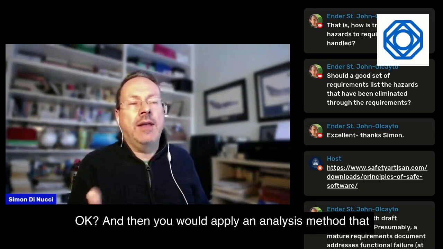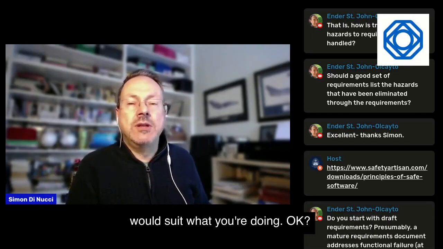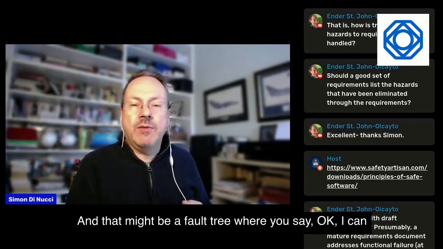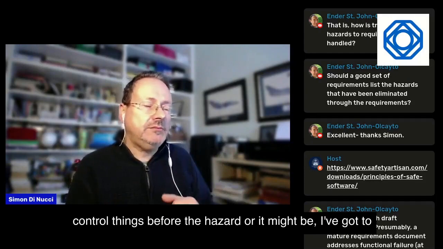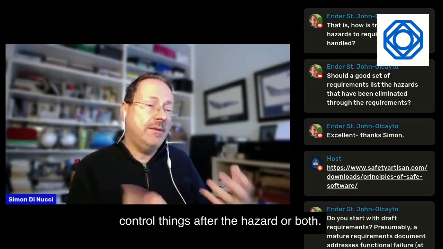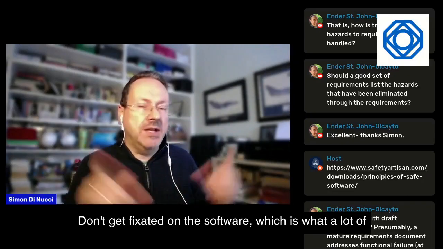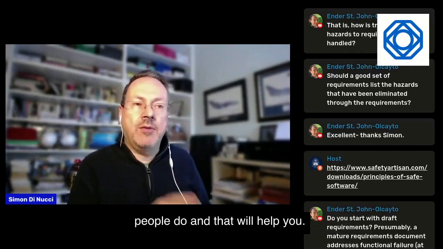Then you would apply an analysis method that would suit what you're doing. That might be a fault tree where you say I can control things before the hazard, or I've got to control things after the hazard, or both, ideally both. So look at the big picture. Don't get fixated on the software, which is what a lot of people do, and that will help you.